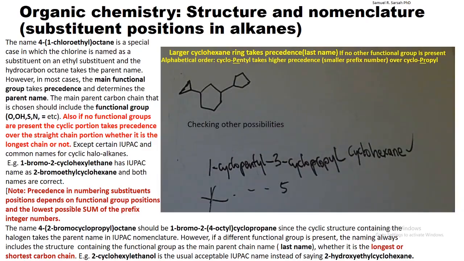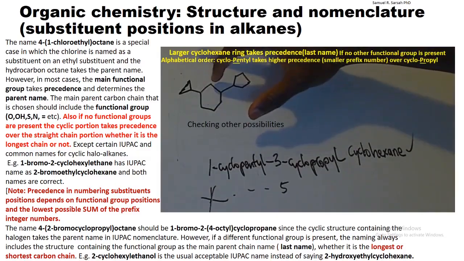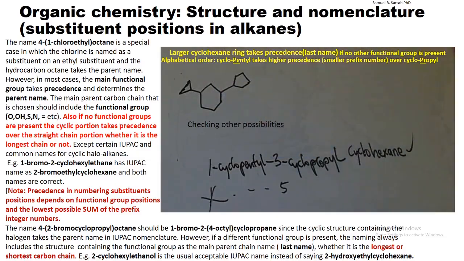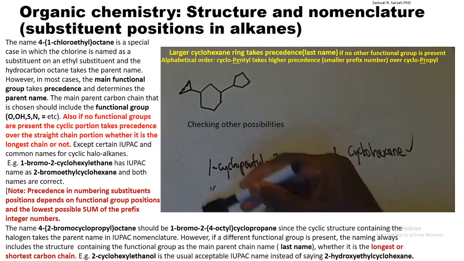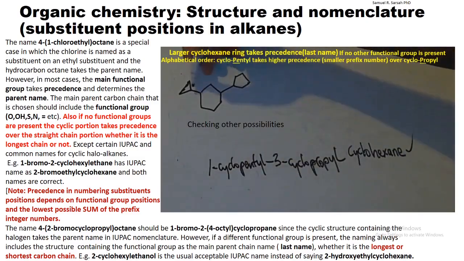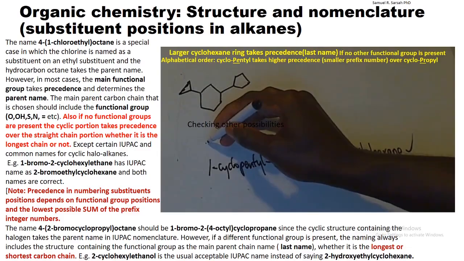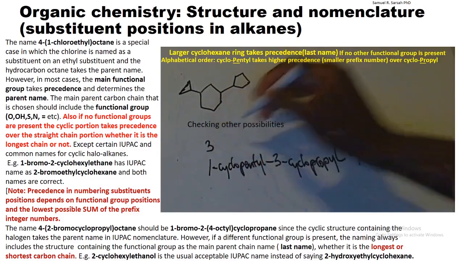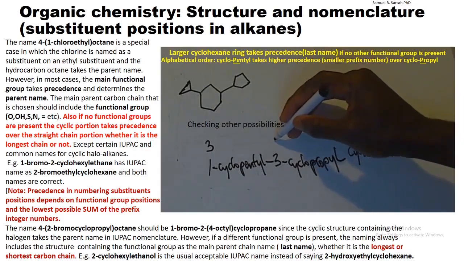Okay. If I start counting from here, 1, 2, 3. Now if I use this as my starting point, counting 1, 2, 3, I'm going to get 3 here, then I'm going to get 1 here.